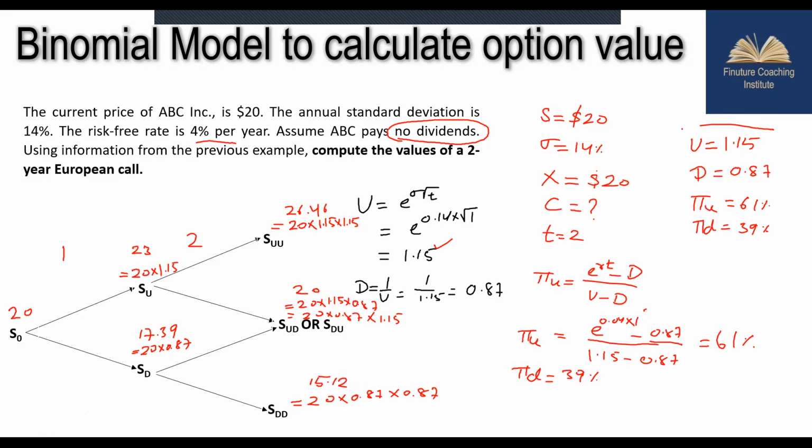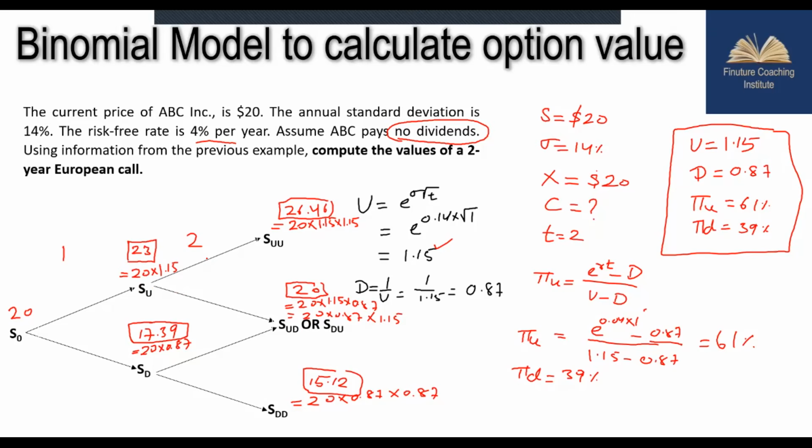This is key information that we have calculated so far. And based on these factors, we have calculated the stock price at each node. So let me box the stock prices. These are the expected stock prices at year 1 and year 2.